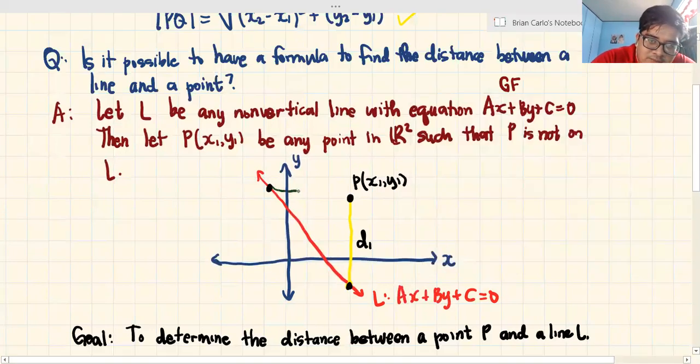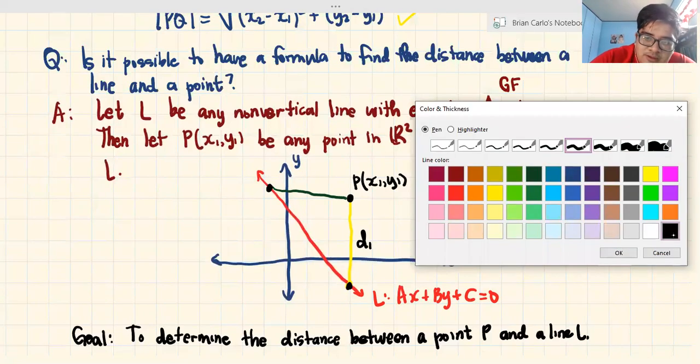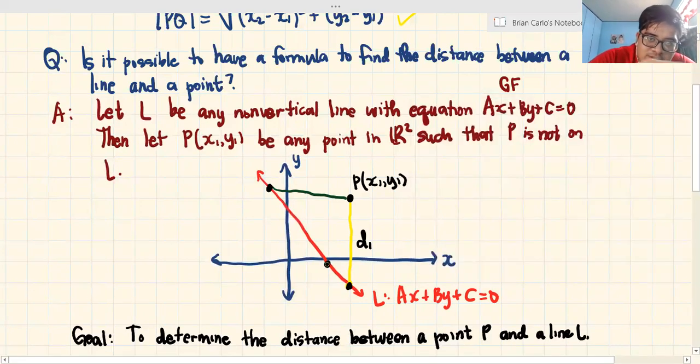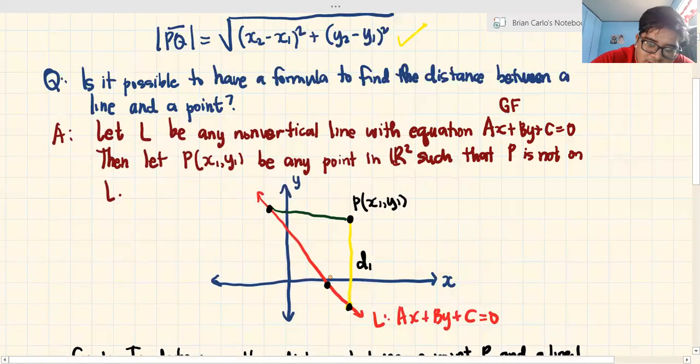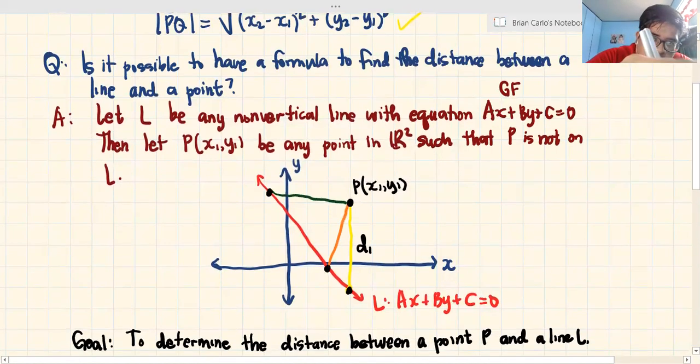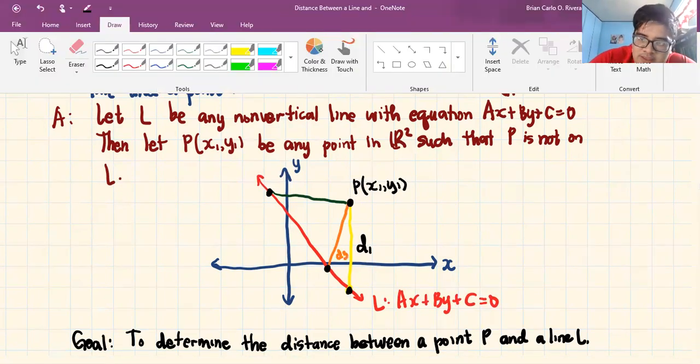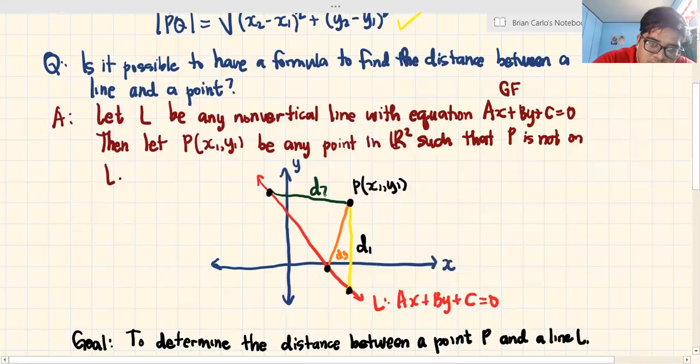Ito kinuha natin, itong green. Tapos halimbawa, kumuha rin tayo dito ng point kasi 'di ba infinitely many yan. Ito yung D3. Tapos yung green ay si D2.